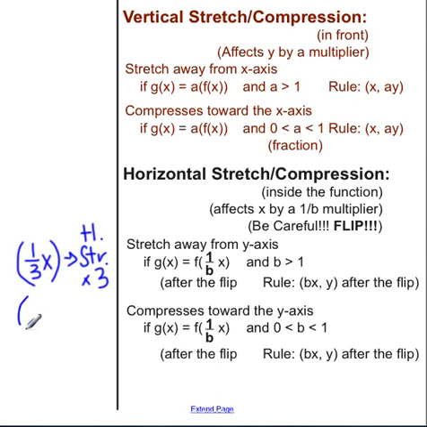Whereas if it is 3x, this is going to be a horizontal compression, and it's going to be times a factor of 1/3. Because of this 1 over b, it's going to be that reciprocal. So now our next step is going to be to use this to get ourselves in a position to refresh our memories and get stronger at doing these transformations.